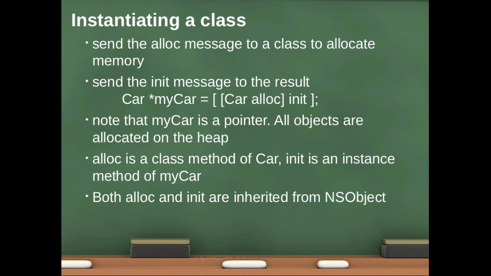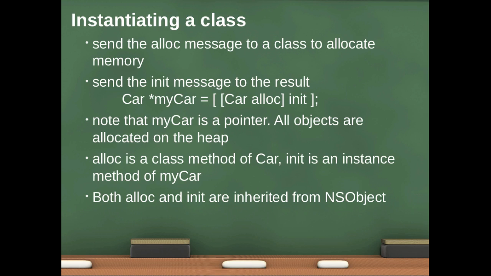Now we send the init to that instance, myCar, and now we're all set. The object is ready to use. myCar is a pointer. All objects are allocated on the heap, so all objects are allocated dynamically. Alloc is a class method of Car. Init, in this case, is an instance method of myCar.